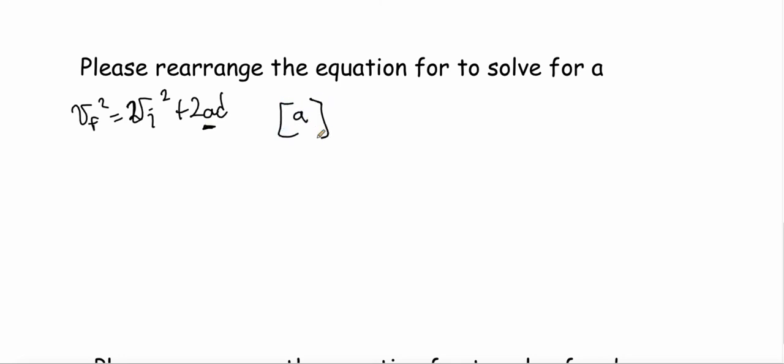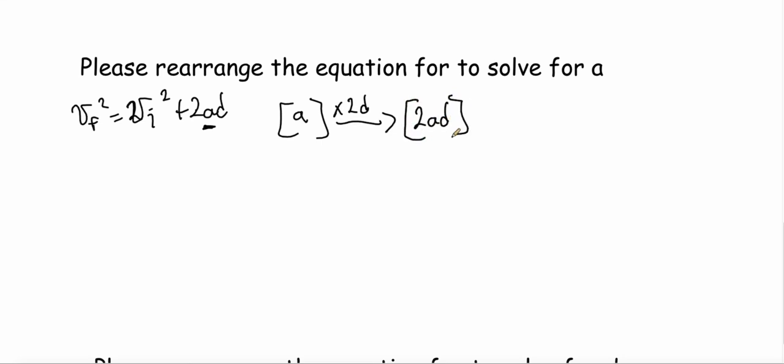And remember, we're still following BEDMAS. So we're looking at A. Are there any brackets? Nope. Not around A. Are there any exponents? Nope. Are there any division? Nope. Is there multiplication? Yes. There is a multiplying by 2 and D. Which gives us 2AD.